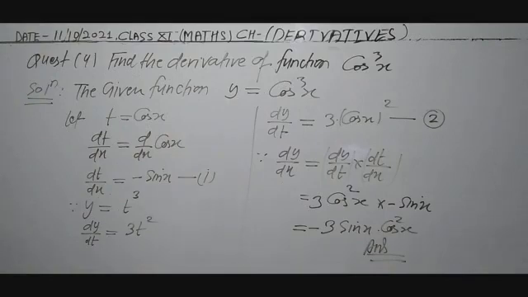See, now this question is related to chain rule. In chain rule, you know, we have to consider function inside the function. So given function y is equal to cos cube x.